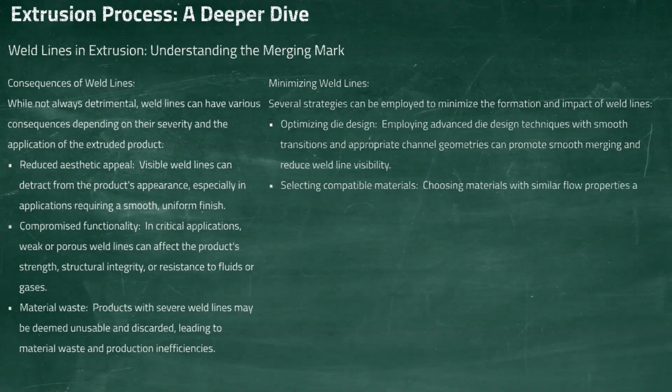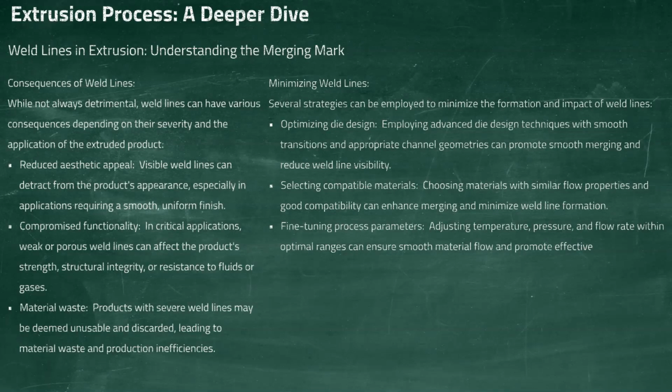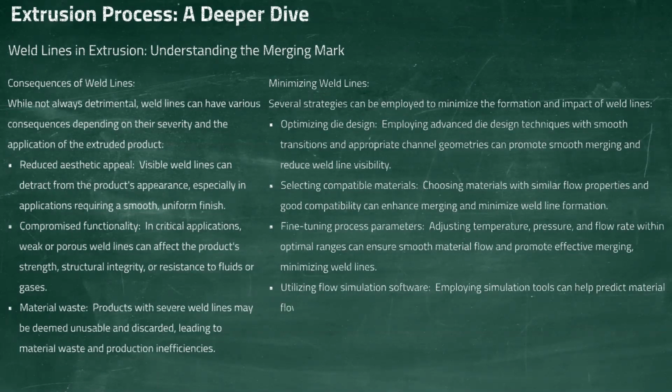Selecting compatible materials: choosing materials with similar flow properties and good compatibility can enhance merging and minimize weld line formation. Fine-tuning process parameters: adjusting temperature, pressure, and flow rate within optimal ranges can ensure smooth material flow and promote effective merging, minimizing weld lines.